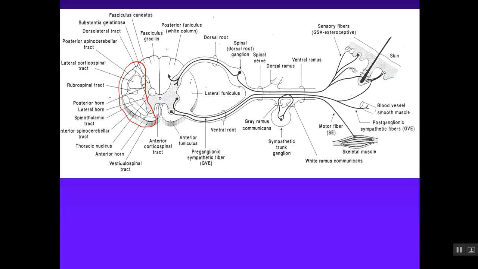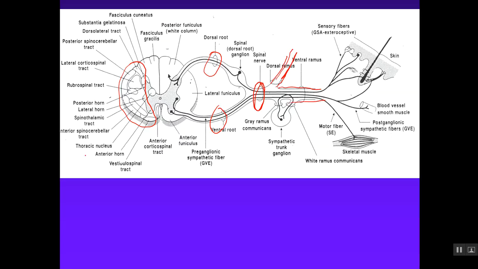And then on the other side, you see the dorsal root exiting here, the ventral root exiting here. Here's the spinal nerve right here where it exits just outside of the vertebral foramen, before it divides into this dorsal ramus that goes toward the back of the body, and then the big ventral ramus, which goes to supply most of the front of the body, okay?